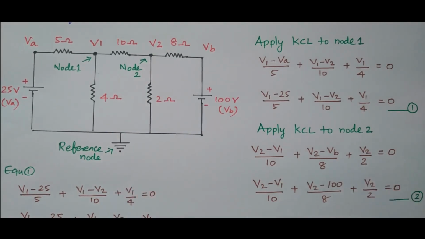The sum is equal to 0. So (V2 minus V1) by 10, plus (V2 minus 100) by 8, plus V2 by 2, equal to 0, where VB is 100 volts. Now we have framed the second equation also.